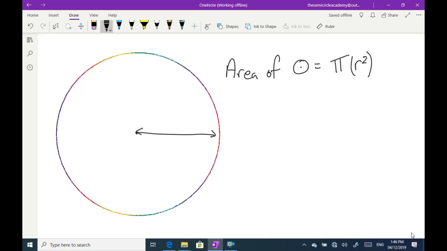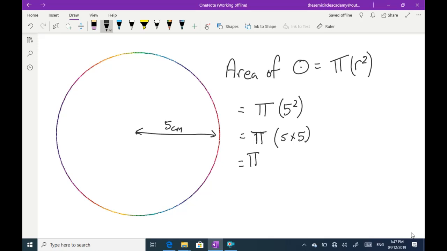So sometimes they will give us r, and let's just say in this case r is, I don't know, 5 centimeters. Yeah. So the area of this circle would be pi times 5 squared, right? So what is the square? A square is when you multiply something by itself. So pi times 5 multiplied by itself, right?